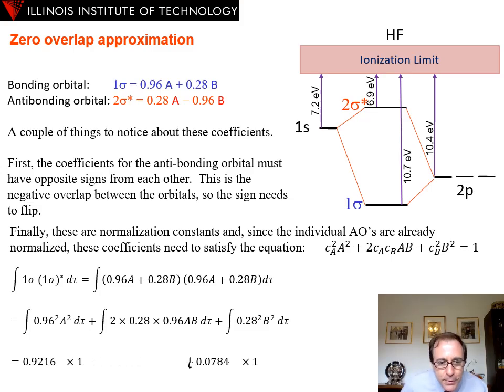And so we get rid of that, plus. When we add those two together, we get 1, which shows that the 1 sigma molecular orbital is normalized. So that is the last reason that we have for assigning those particular values.